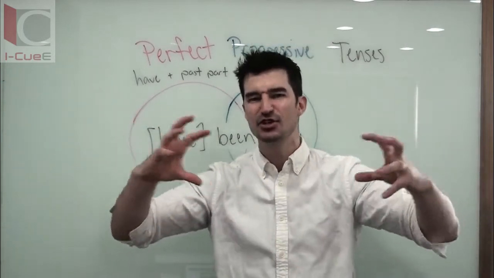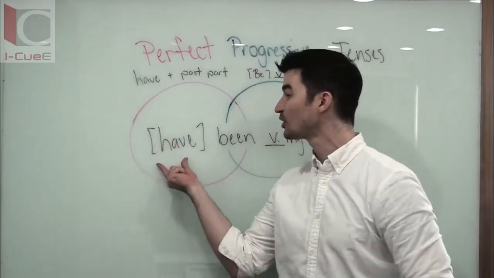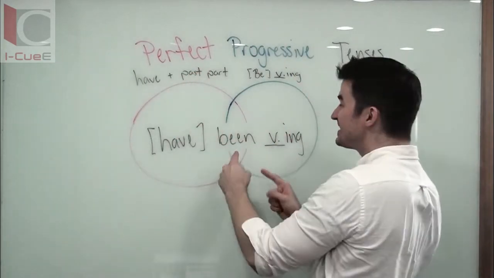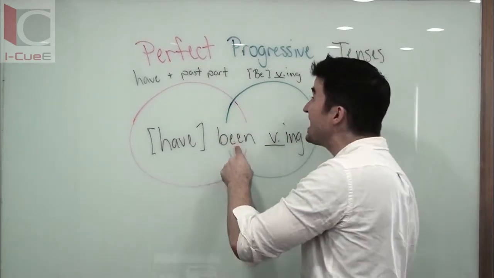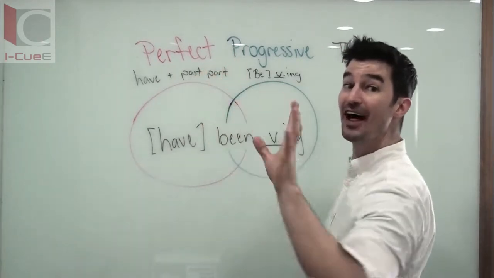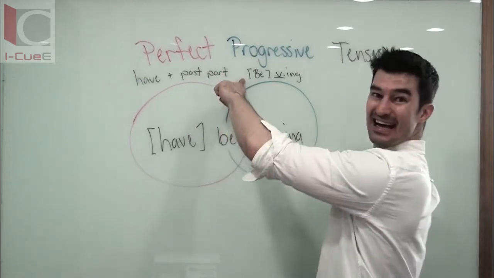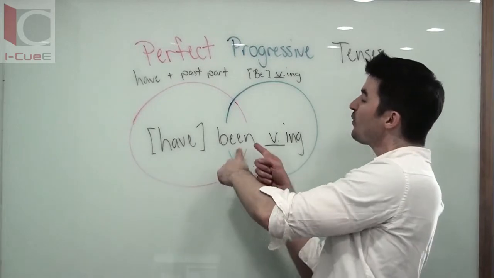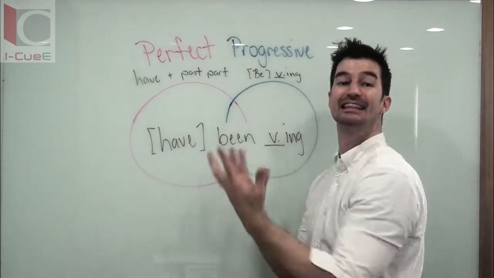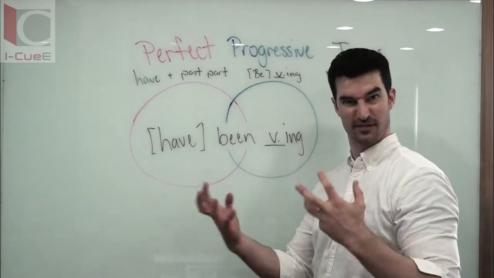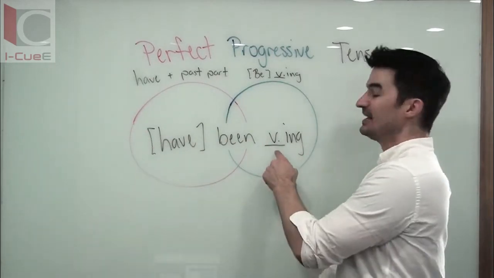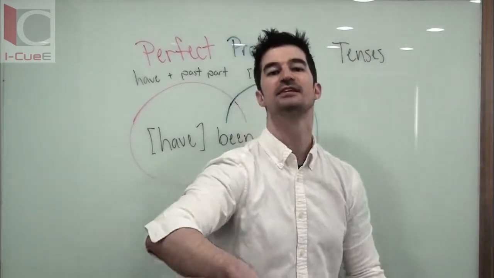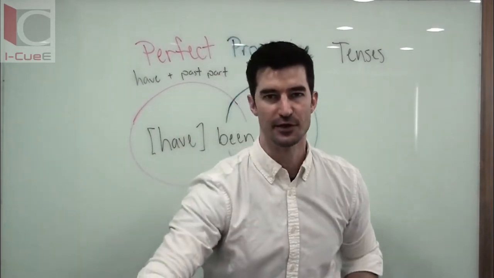So when we put the two together, what happens? Well, we always start with the have, and these meet in the been. The been is the past participle and the beginning of the be verb ing of the progressive. So this has always been taken care of for you in these tenses. And then last but not least, your sort of active or your idea verb is the verb ing. So again, I just wanted to clear that up. Hopefully that helps. By all means, continue with the review.